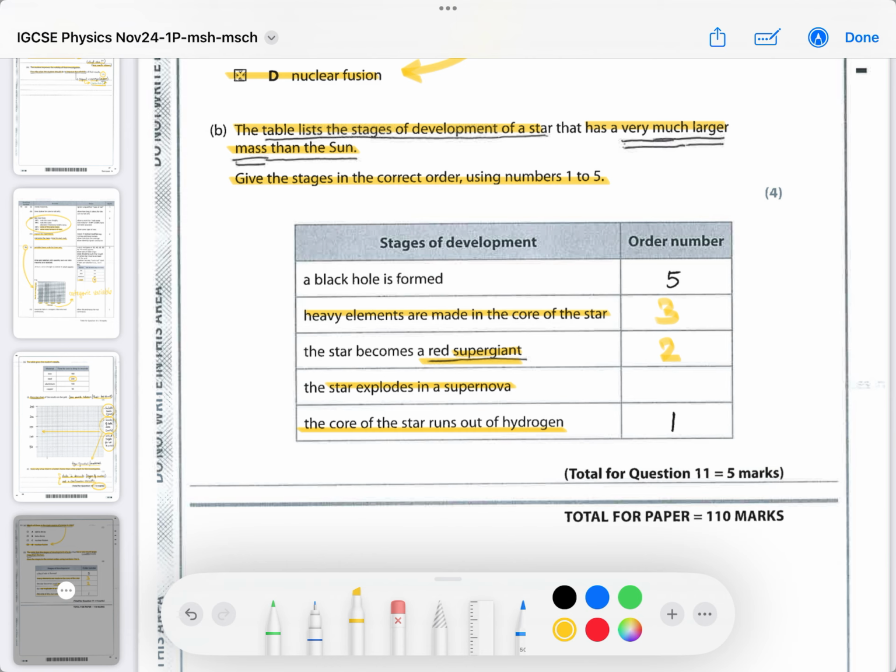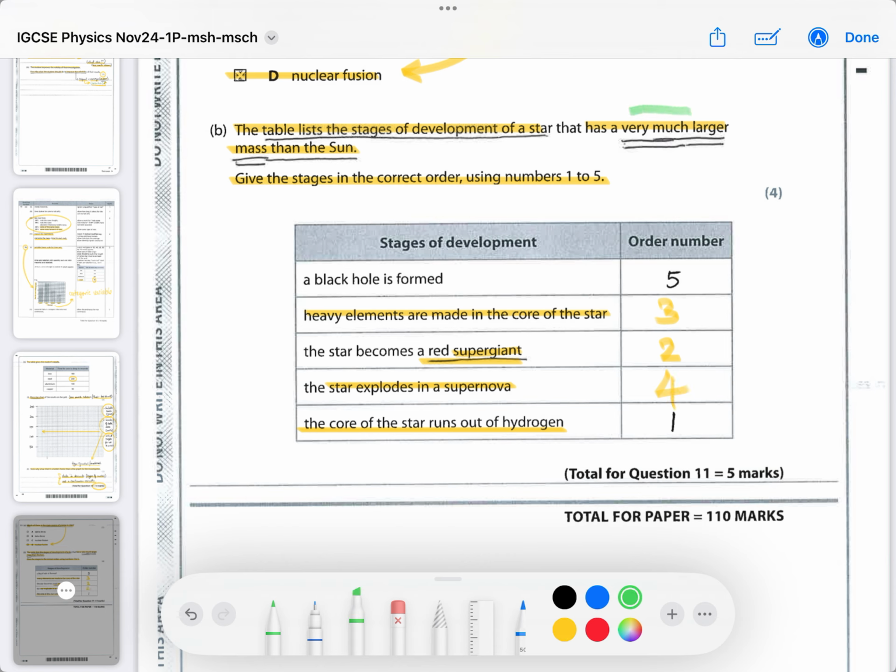As the temperature drops, the pressure will drop, so it pulls in the outer layers of the star, and that causes a bounce back, if you like, and that is the stage where you get a big explosion, called a supernova explosion. So 4 is a supernova explosion.